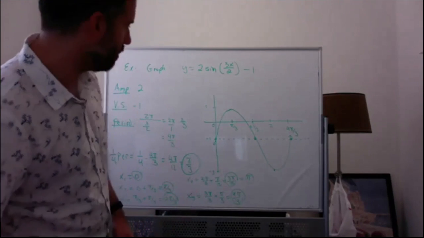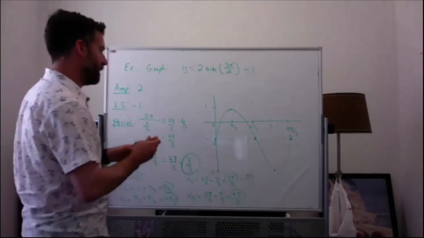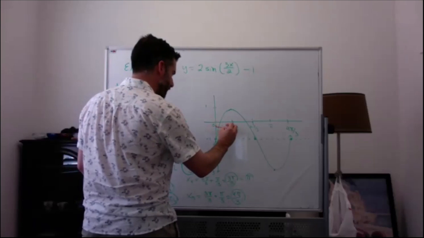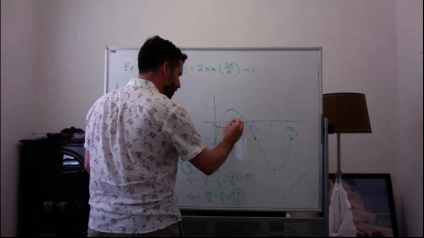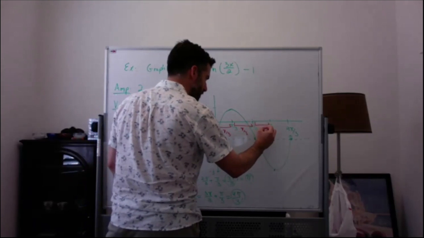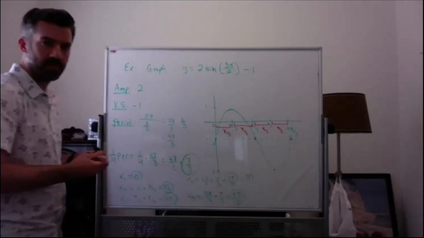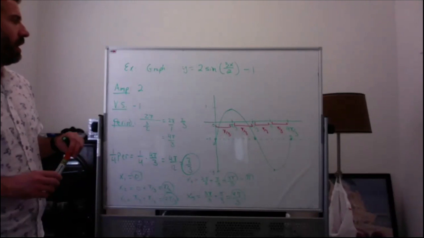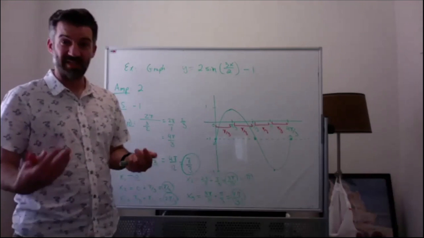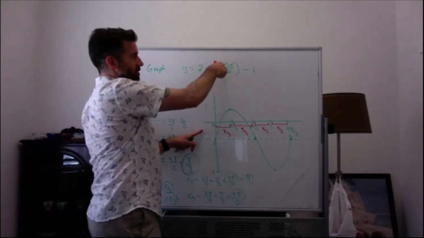Anything else I want to say there? I guess I do want to say, again, each of these lengths here is 1/4 of a period. If I were to plug in each of these angles, if I were to plug in 0 here, 0 times 3 over 2 is 0.